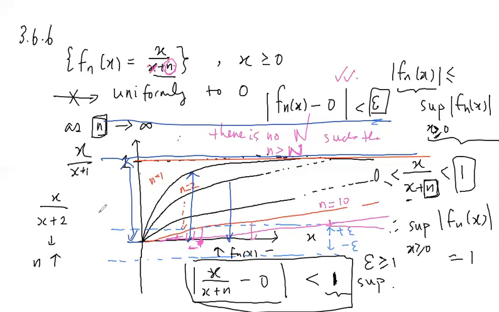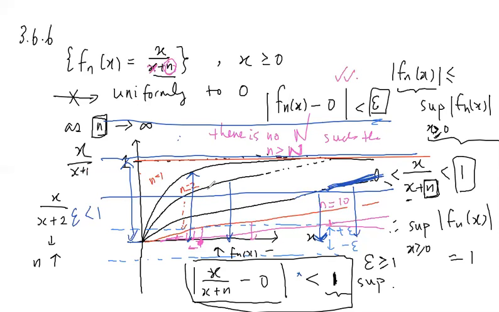Then the problem comes when you choose any epsilon that is less than 1. For example, you cut like this. Definitely this condition will not be satisfied, because over here you will have some value of n whereby this difference will actually exceed your epsilon.